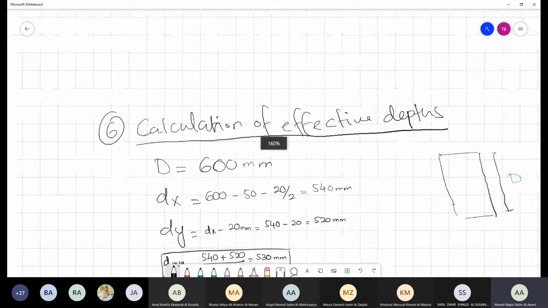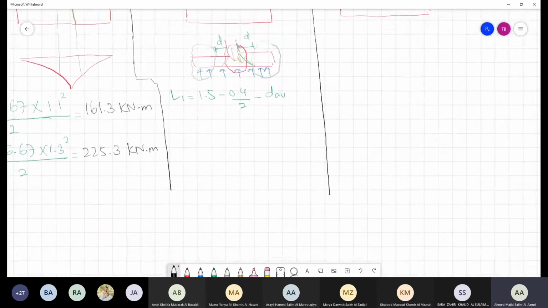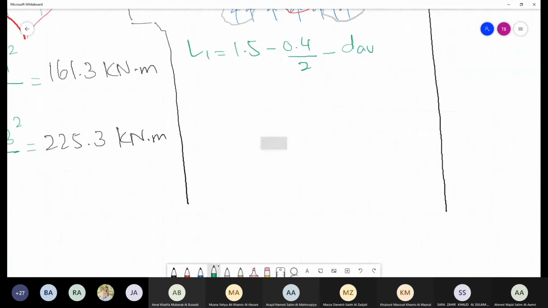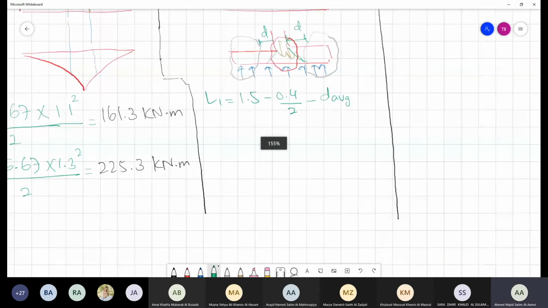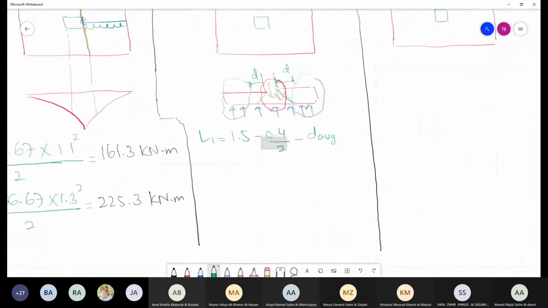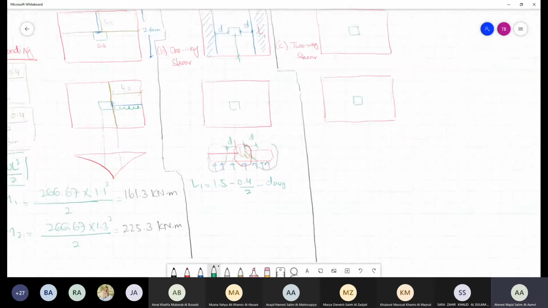Now returning back to our calculation here. My L1, according to the diagrams given, is 1.5 minus 0.4 minus 0.4 divided by 2 minus the average.